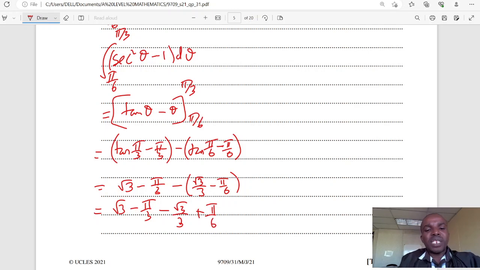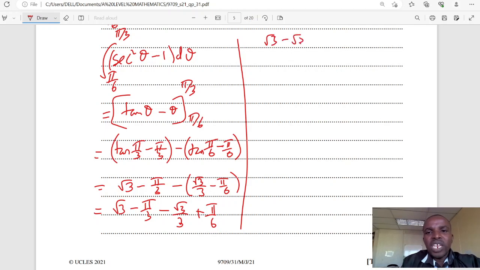Then collect like terms. In this case, I have root 3 minus root 3 over 3. Then I can say plus pi over 6, then minus pi over 3. Right, on this part, I can say this will be over 1. 3 root 3 minus root 3, it will be 2 root 3 over 3.